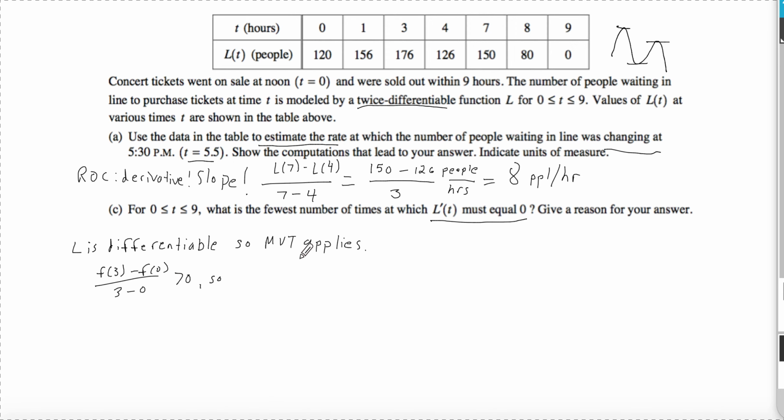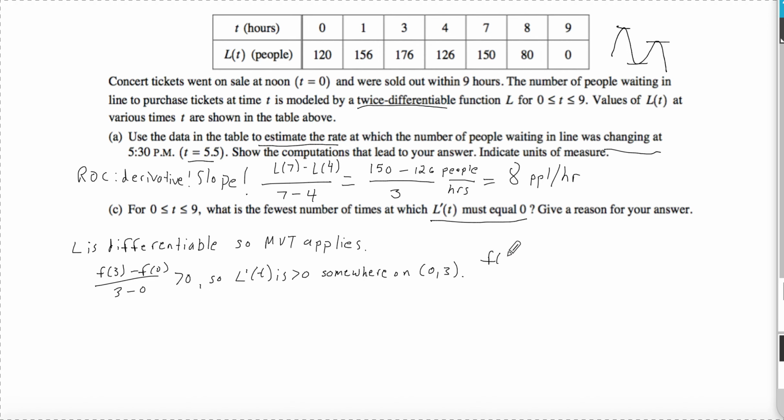So L prime of t is greater than 0 somewhere on the interval 0 to 3, right? What else do I know? I can also say, well, what other interval does it look like I have some increasing thing?